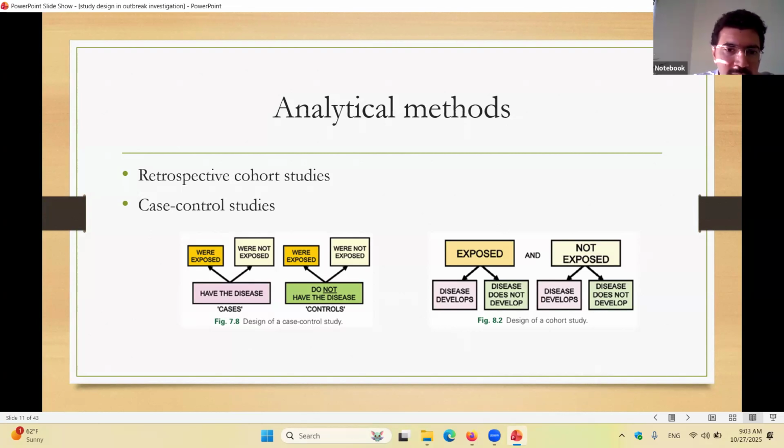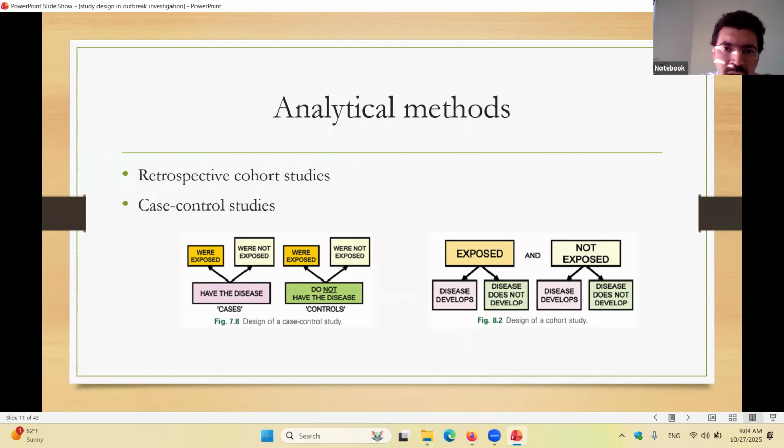We cannot have a prospective cohort study because logically and ethically, we cannot follow up the persons who are exposed to a source, and therefore prospective cohort studies are not common, but sometimes they may be conducted.